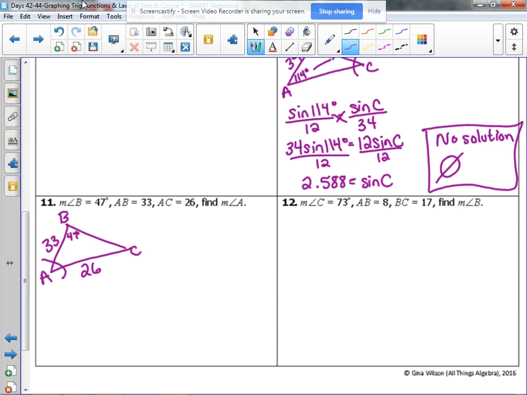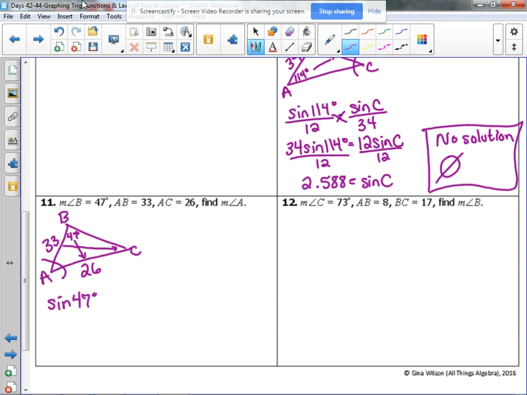Let's see here. So we've got 47 degrees is across from the 26. The other leg that they give us is across from angle C. So we're going to have to do a little bit extra work here to get to what they actually want us to find.